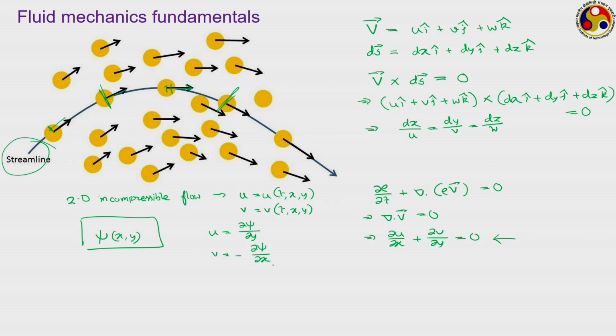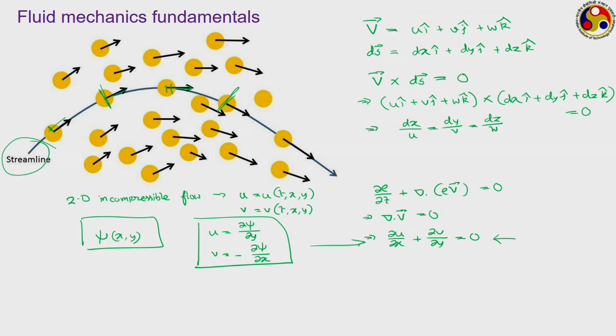We could have also taken u equal to minus dou psi dou y and v equal to dou psi dou x. If you put this definition of u and v into this equation, then that definitely satisfies the continuity equation.